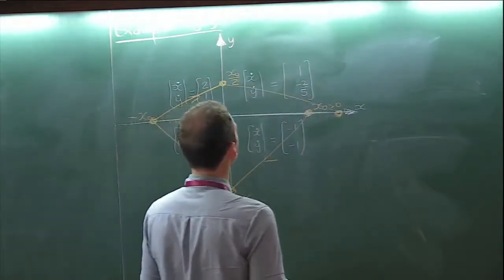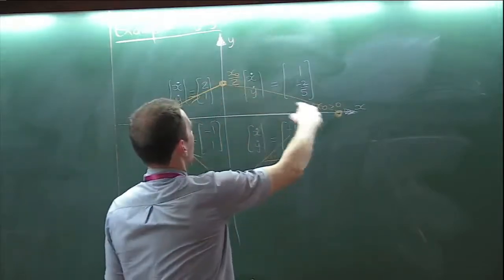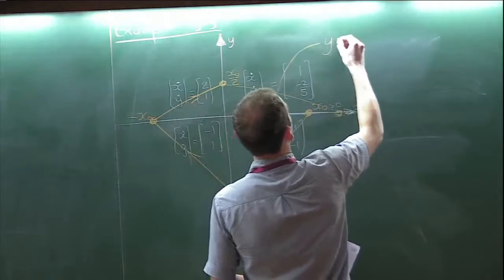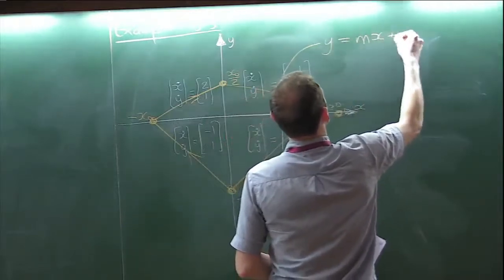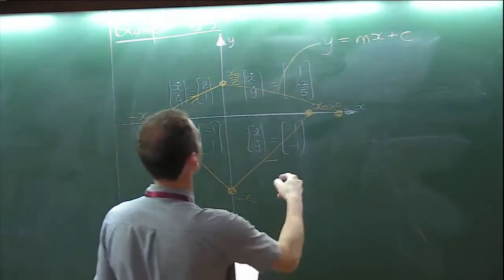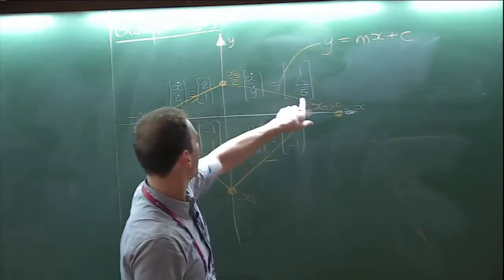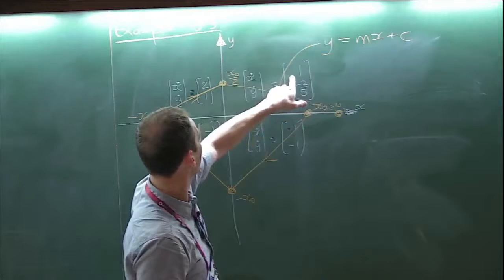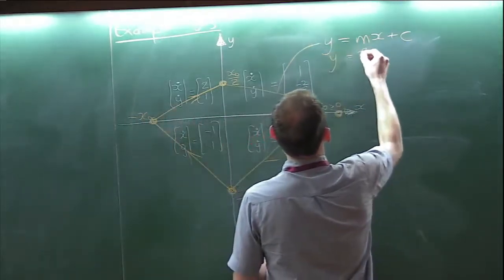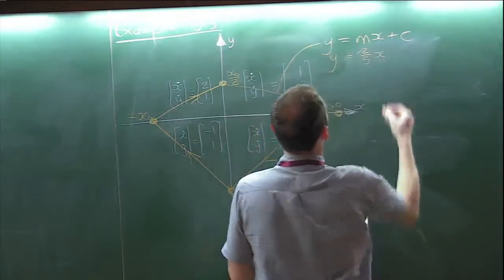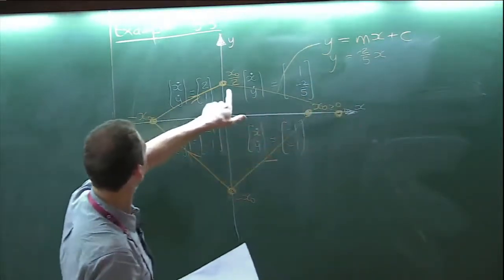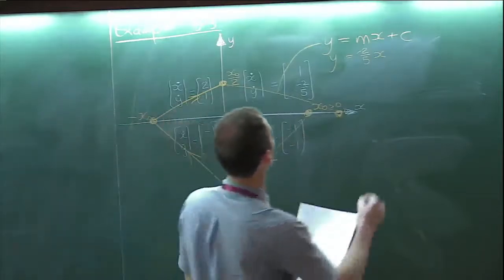So perhaps if we have the equation for this line. It's a straight line. There's the general equation for a straight line. I know that the slope of this line is -2/5 because I'm going along 1 and down 2/5. And C is the y-intercept. My y-intercept is x naught over 2.